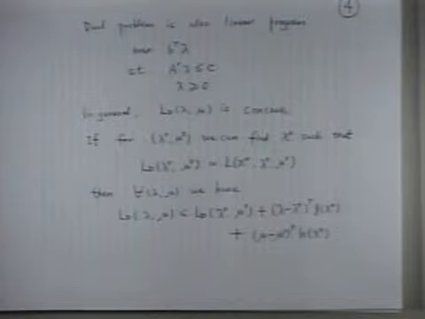Okay, so you may think this way. If you have some value, let's call lambda star and mu star, maybe I call lambda 0 and mu 0.